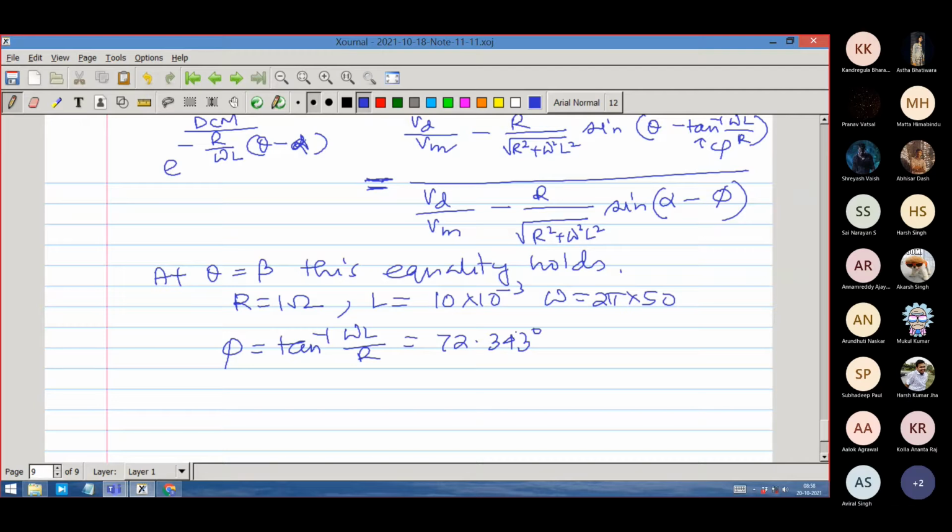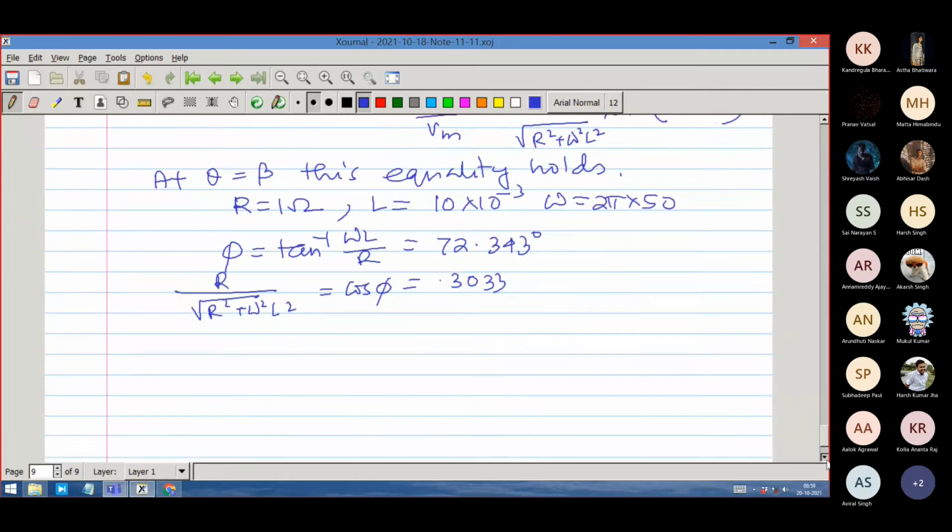And R by square root of R square plus omega square L square is nothing but cos phi, which in this case is about 0.3033.